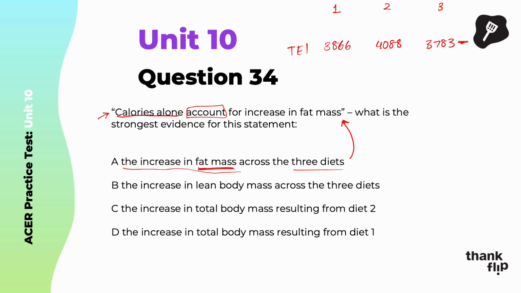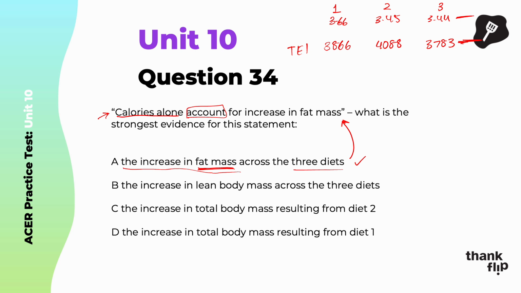Looking at the trend for fat mass, we have 3.66, 3.45, and 3.44. And that's a relatively stable, unchanging value. Similar to our total energy intake, they're quite similar across the 3 diets. So this is a good contender. This could be evidence for the statement.